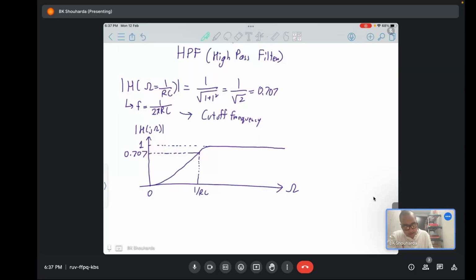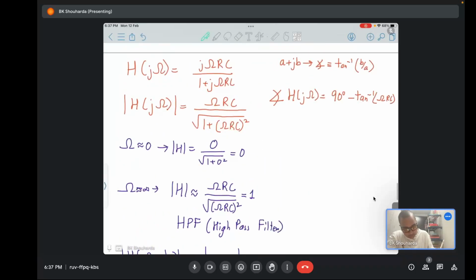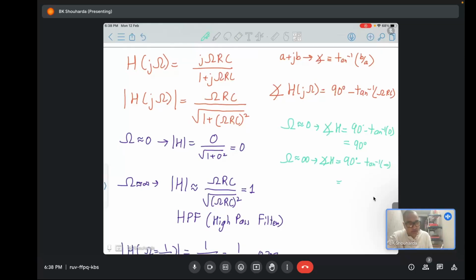Now let's look at the phase. At omega close to 0, the angle of H is 90 degrees minus tan inverse of 0. What's that? That's 90 degrees. When omega approaches infinity, the angle becomes 90 degrees minus tan inverse of infinity. And what is tan inverse of infinity? 90 degrees.